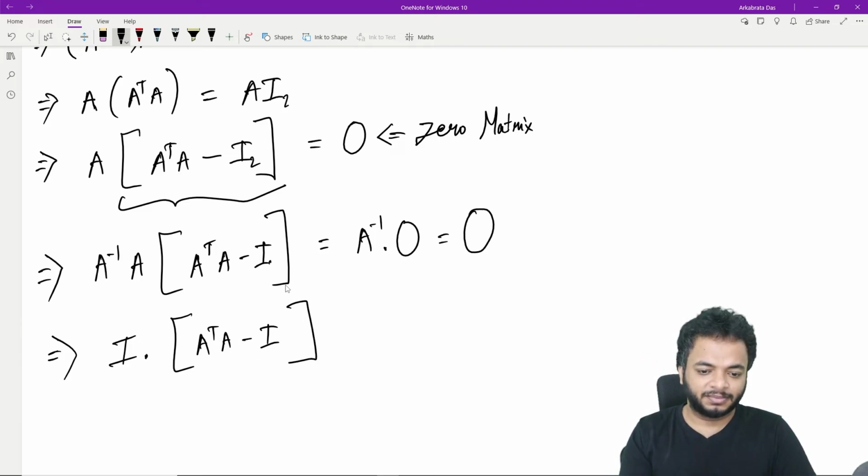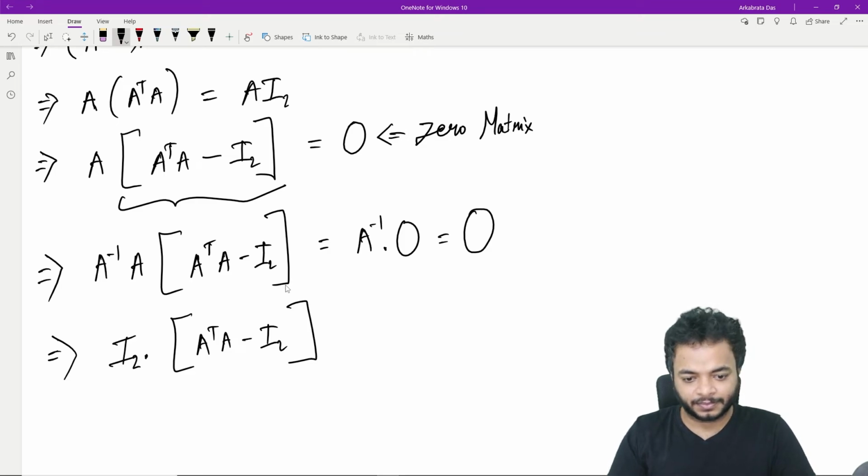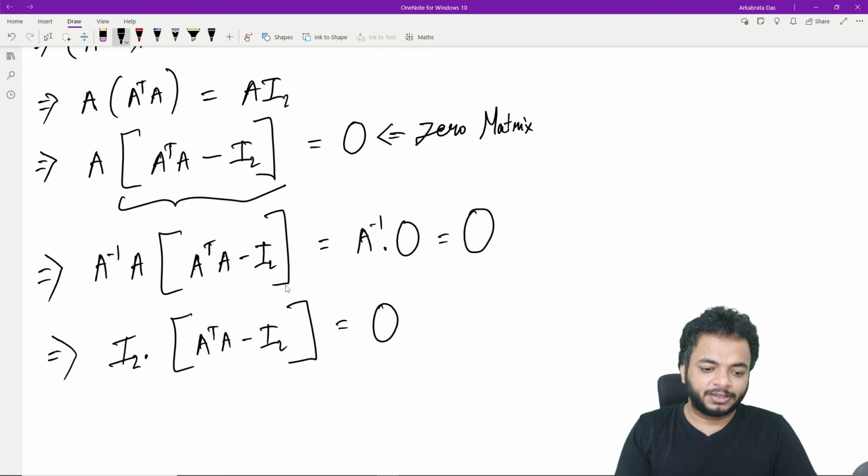This proof can also be done for any n cross n matrix. Or you can separately write that I is the identity matrix of order 2 cross 2. So this is equal to the zero matrix, and now what?